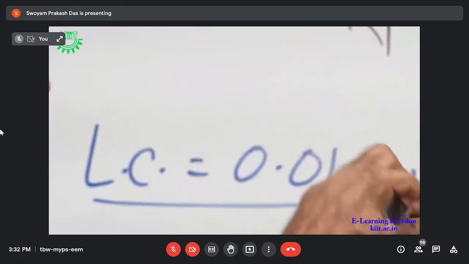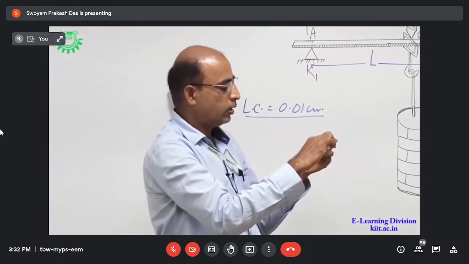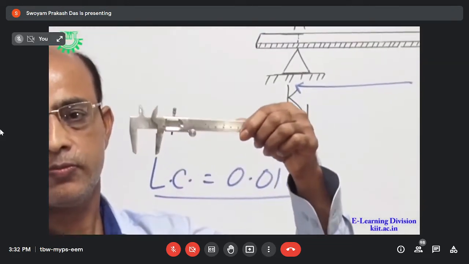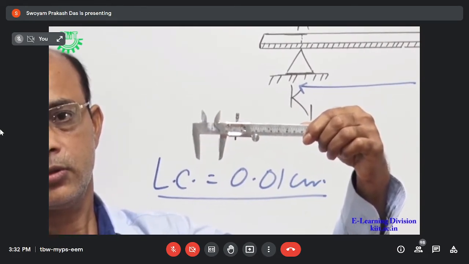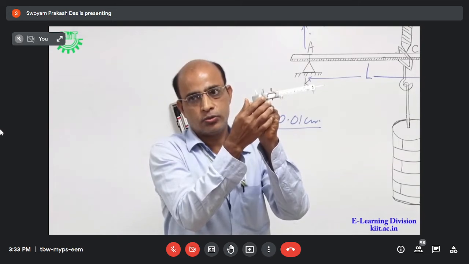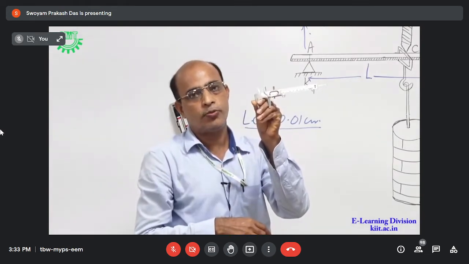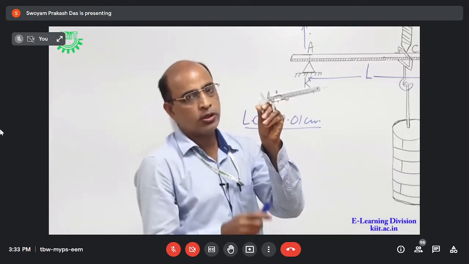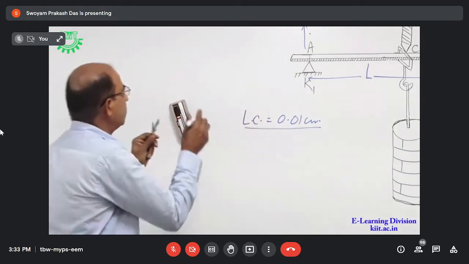It gives exactly that vernier 0 is present in between 2.5 and 2.6. We have to take the reference of vernier 0. So this vernier 0 is present exactly in between 2.5 and 2.6. So we will note down the MSR, that is main scale reading, as 2.5 centimeter.